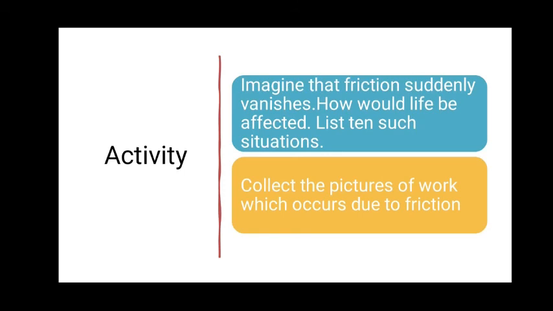The second thing is, you have to collect pictures of work which occurs due to friction. These are the works which happen only because of friction, so without friction these things cannot happen. You have to collect the pictures, or if possible you can draw them, and put them in your project books.